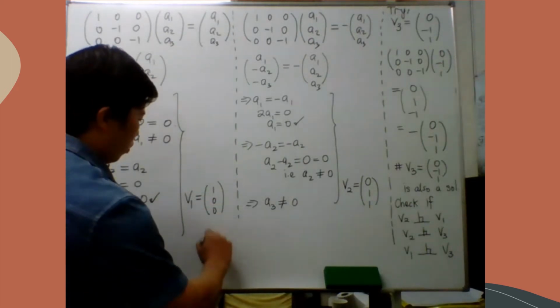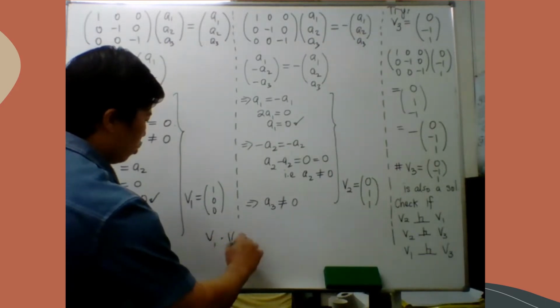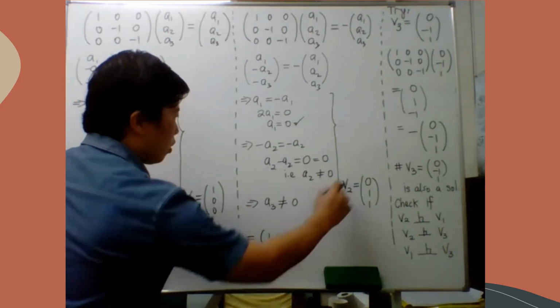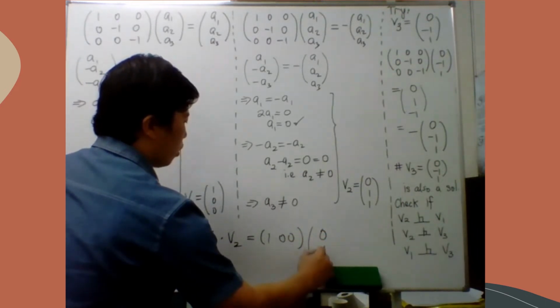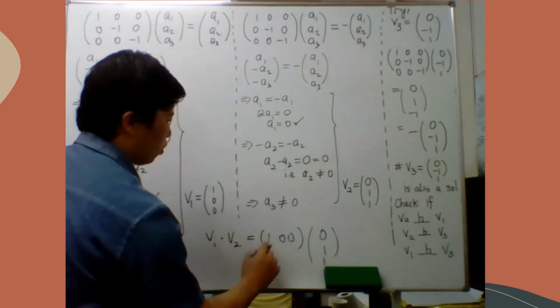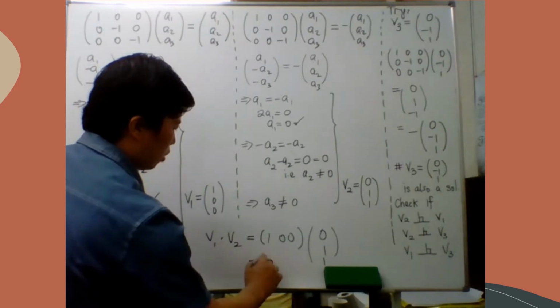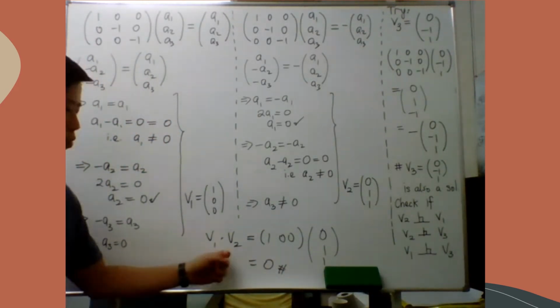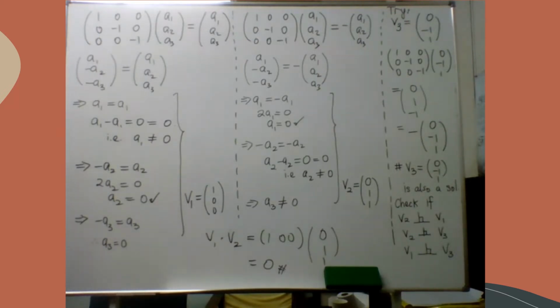So here v1 dot v2 is going to be written as 1, 0, 0 multiplied by 0, 1, 1. So this is going to be 0, 0, 0. So this is exactly 0. So v1 dot v2 is equal to 0. It means v1 and v2 are orthogonal to one another.